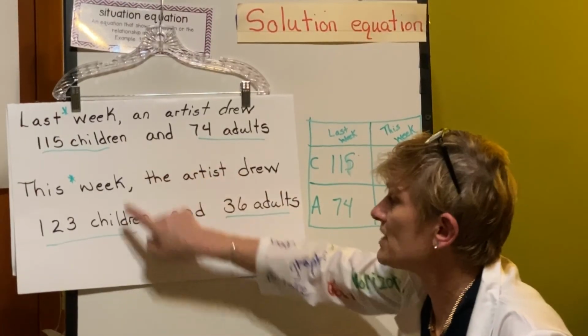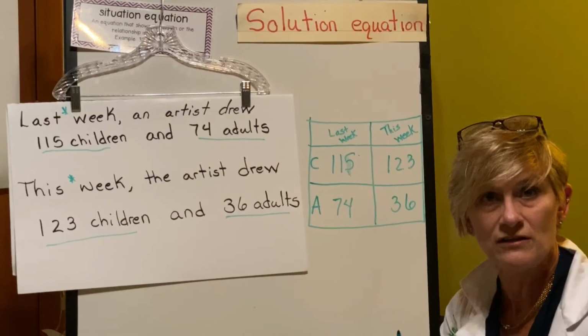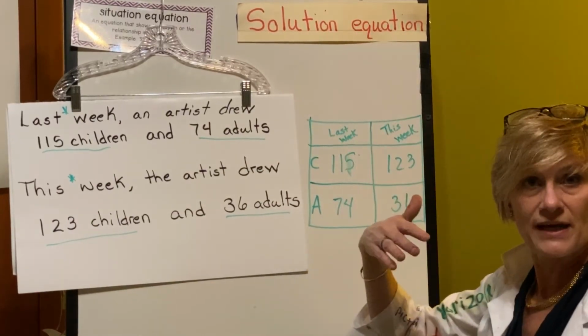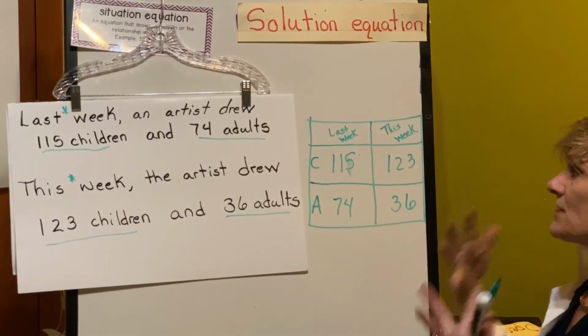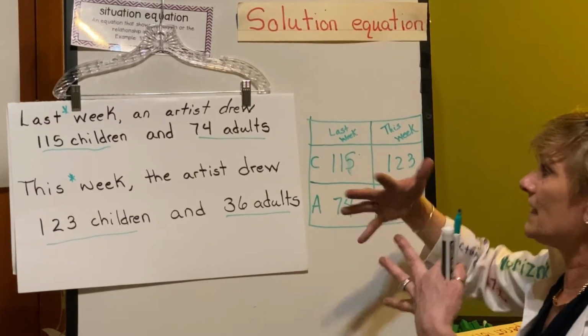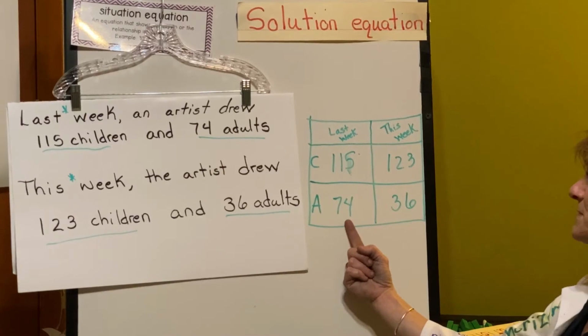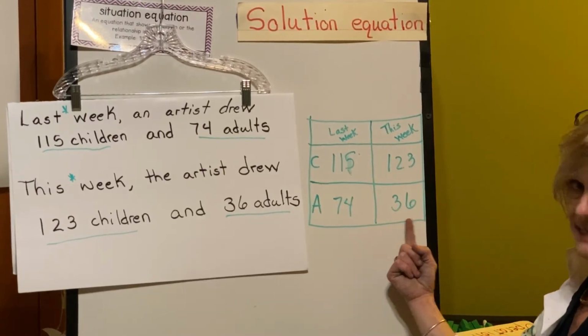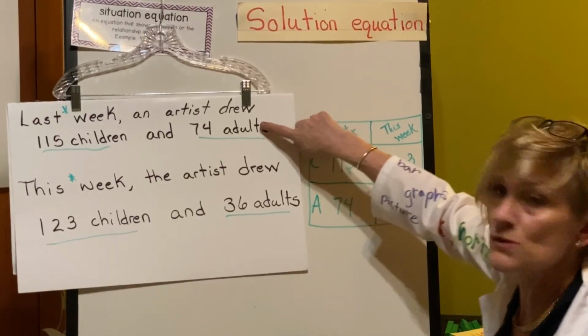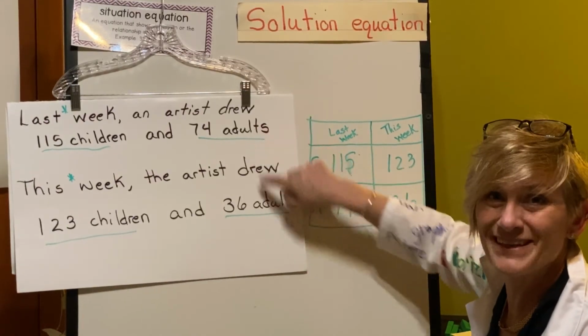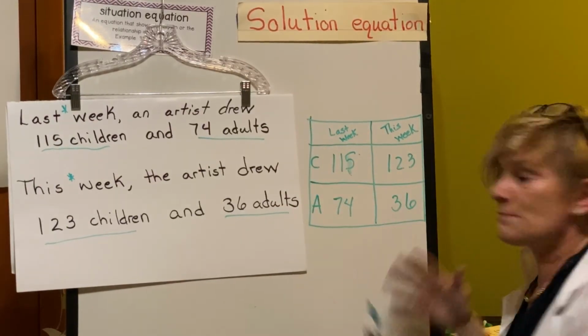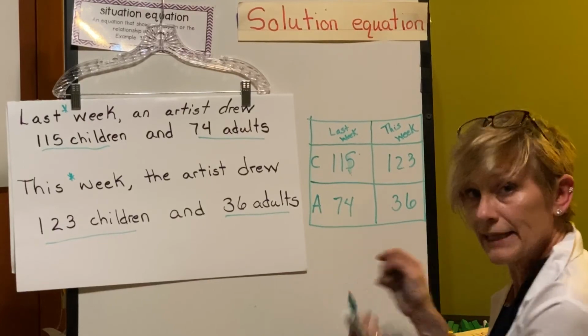So this information I would use to find the total for this week and last week. And if I said, how many adults did he draw last week and this week? Yep, there it is, because it's in my table. But I can also see it right here in the information. So sometimes laying it out might make it more clear.